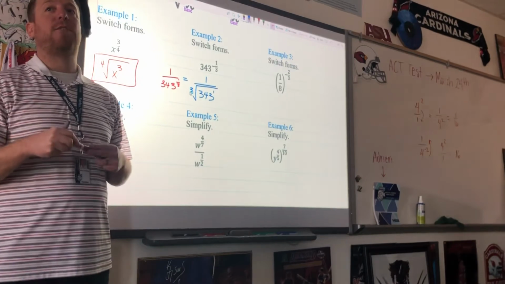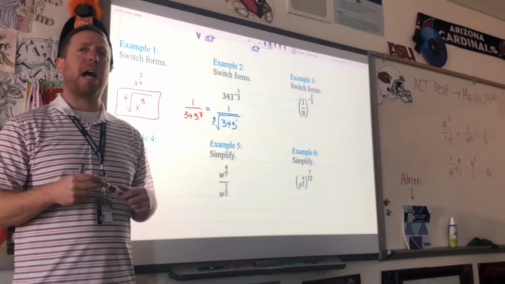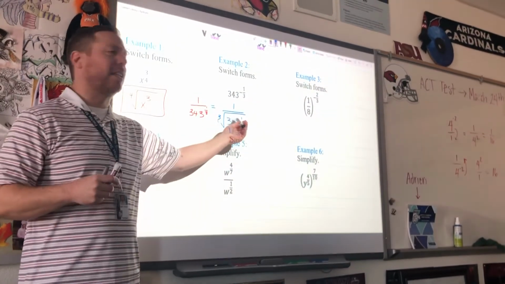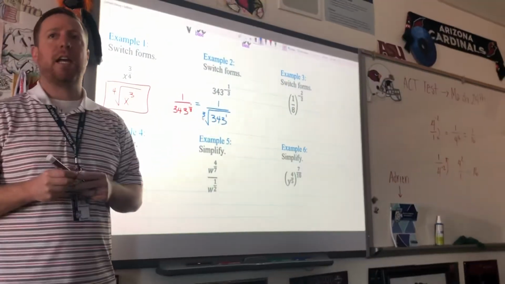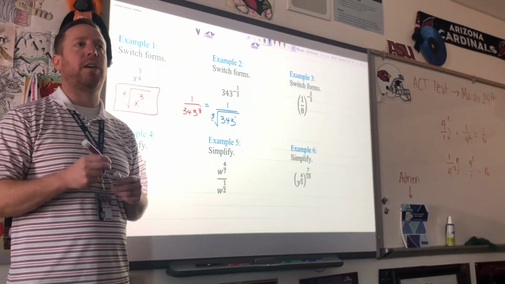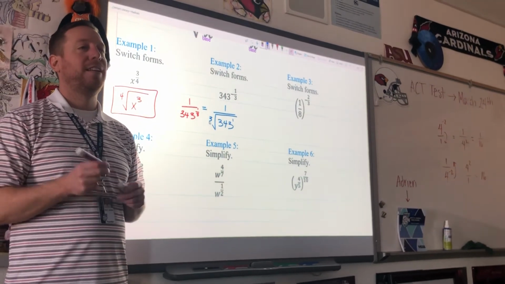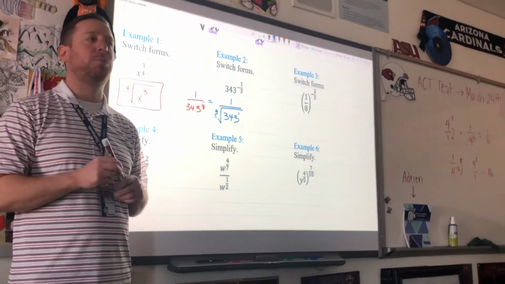We can't have radicals in the denominator. We've talked about that a little bit earlier this year. But I'm guessing that this might actually turn into a whole number. Okay, there is a number multiplied by itself 3 times that does equal 343. Any guesses? 13 times 13 times 13 would be too big.